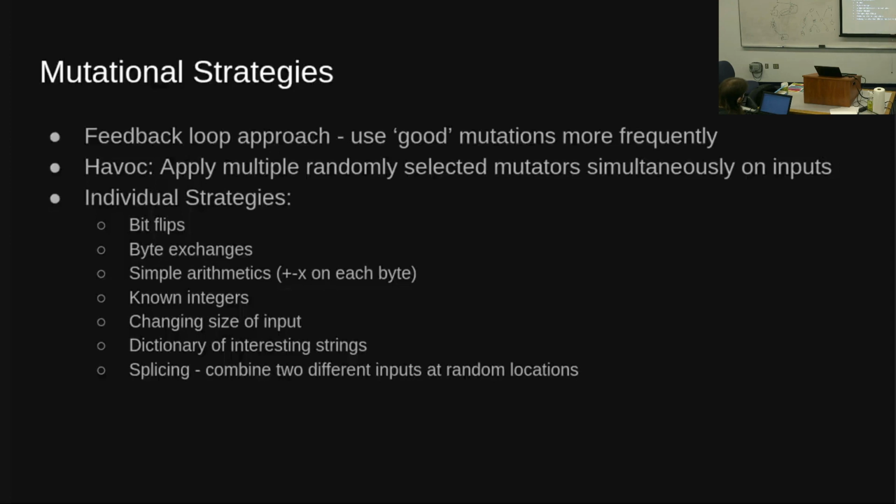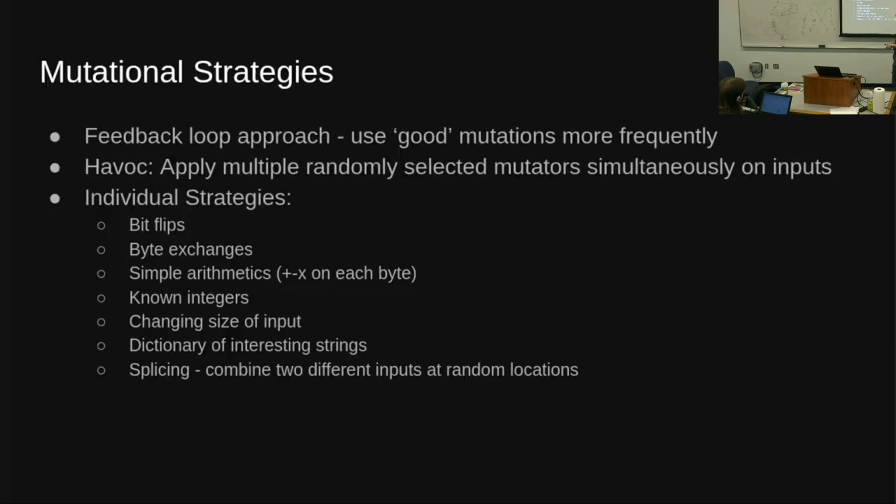You have these individual strategies: bit flips, where you exchange some random bytes in your target, and simple arithmetic, like adding or subtracting from certain bytes in your input. Maybe you have some known integers that are potentially interesting, like int max or 0, and you inject them into random points in your input. You can change the size of your input, make it larger or smaller.